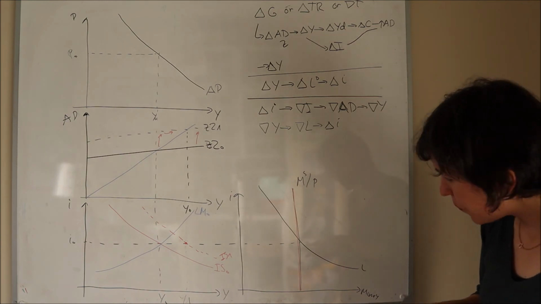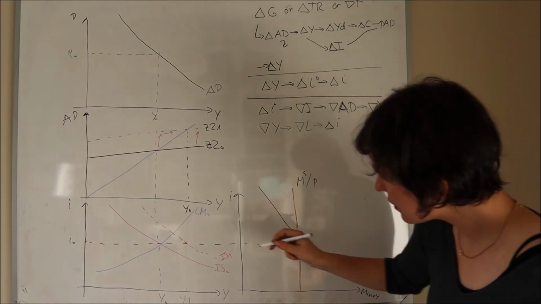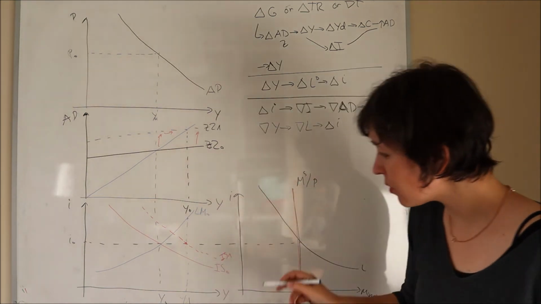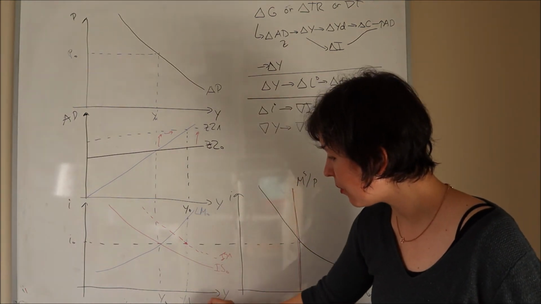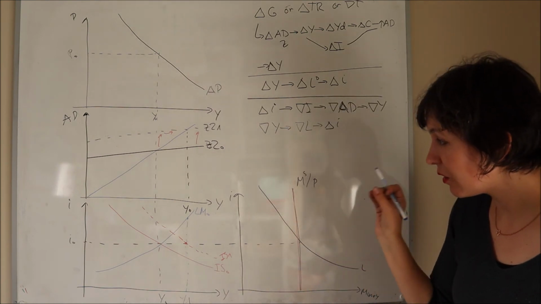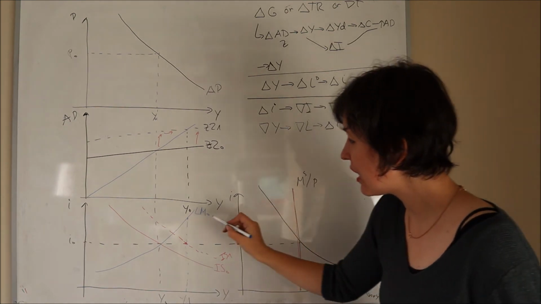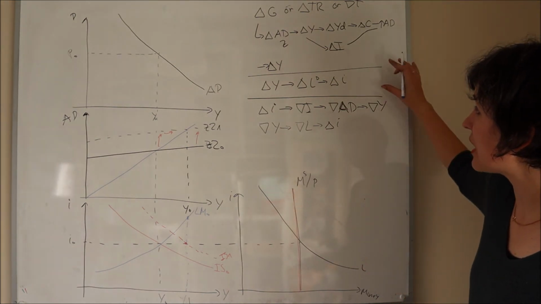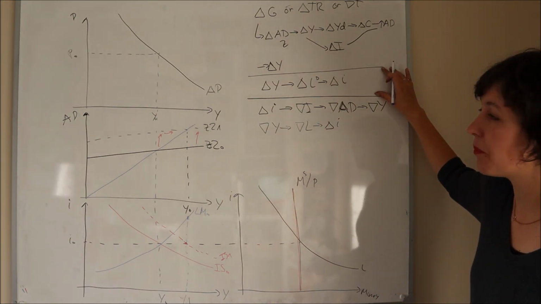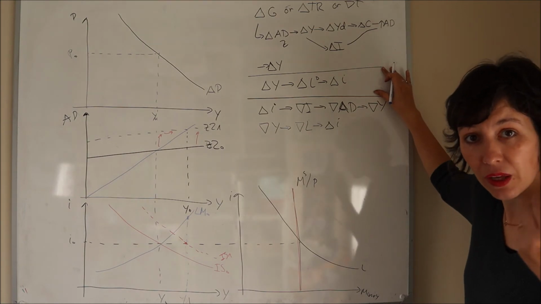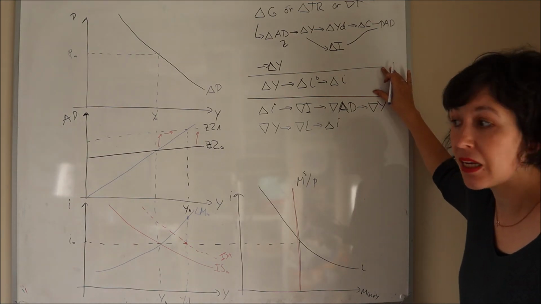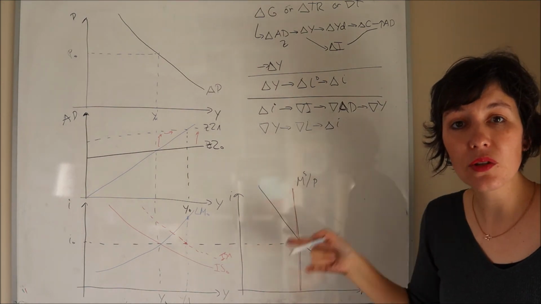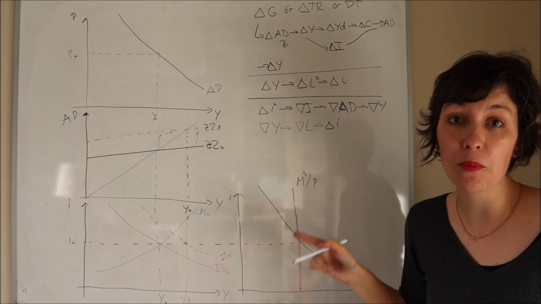I like to take this one as reference, this interest rate, because it's given this new level of production. I know that the new interest rate should be here, just because of that level of production. Always remember that when we are observing the money market, you need to think about what is going to be the effect in the LM. Why the LM? Because there is the interest rate of equilibrium for any level of production.